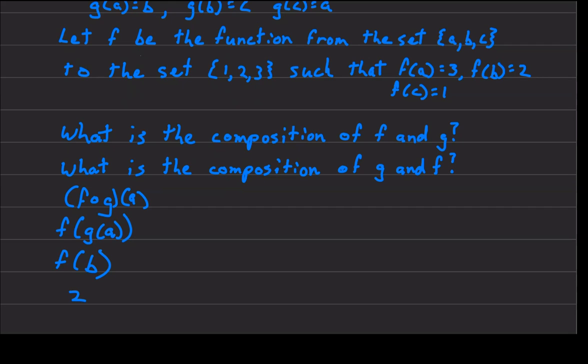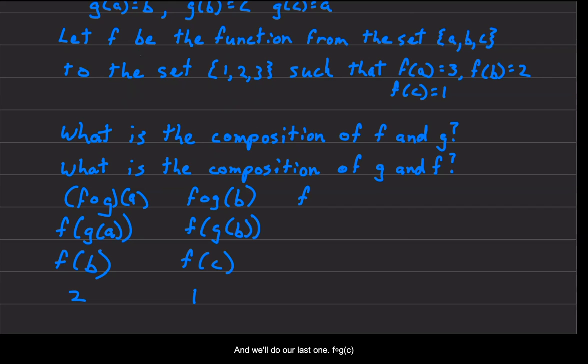And then we've got f of g of b. And from up above, we have g of b is equal to c, so substitute that in. We now have f of c. F of c is equal to 1.